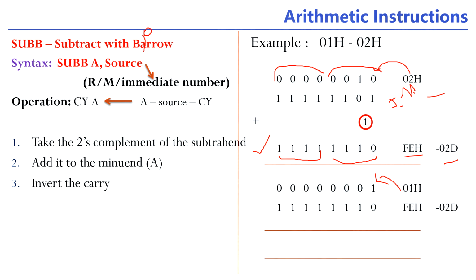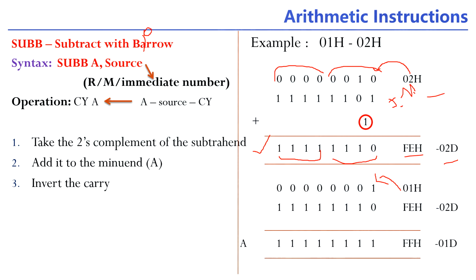Now we can add these numbers, right? Now for the calculation of this, suppose the result is such that carry is not generated in the last digit of this byte.